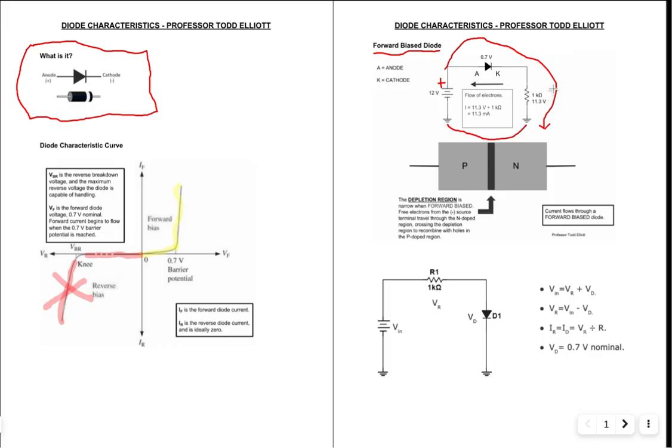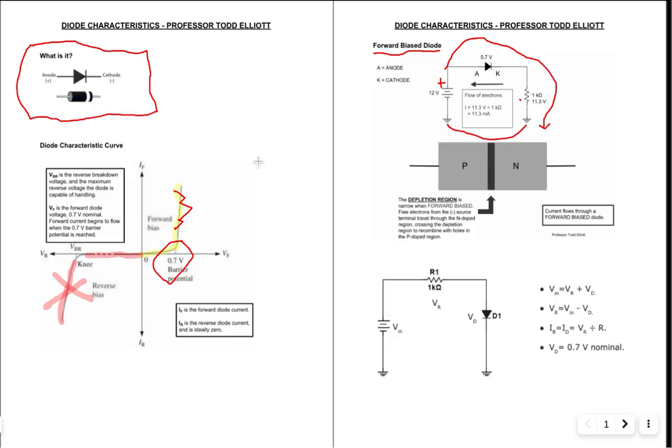When you forward bias the diode, the anode is 0.7 volts nominal, because that's this part right there, relative to the cathode, and the diode flips into forward conduction. Okay, and then you're up here on the curve, and that current is being limited by that resistor.